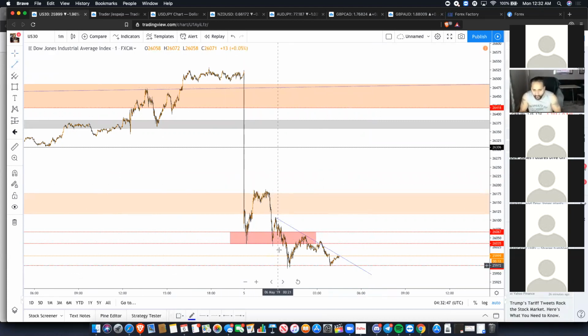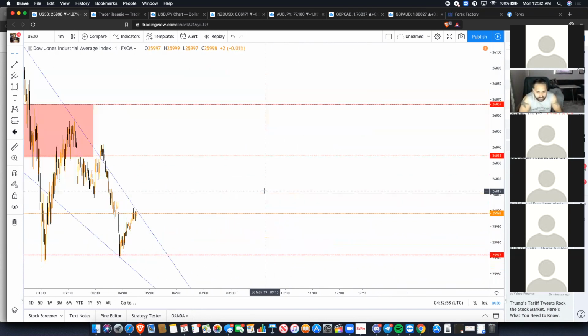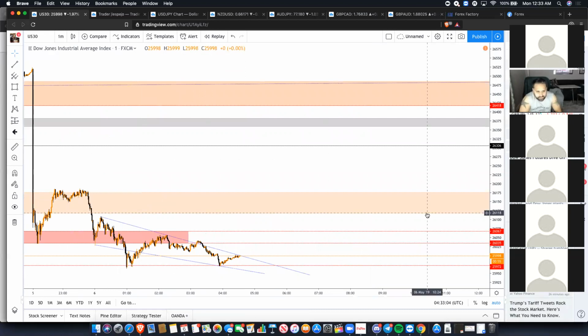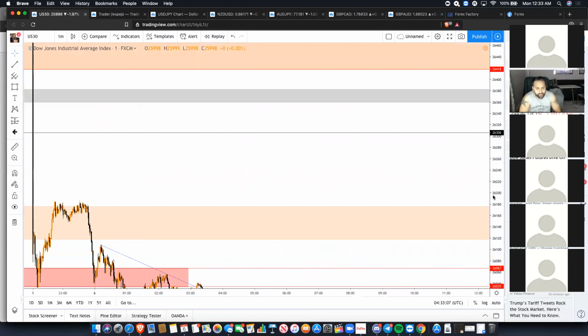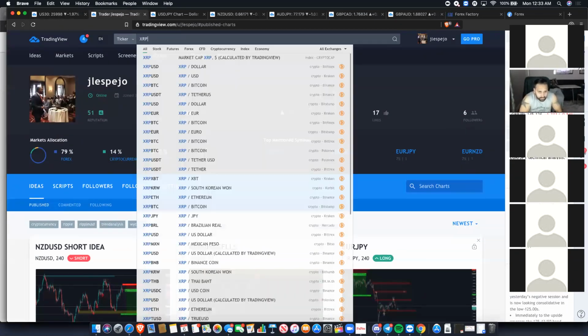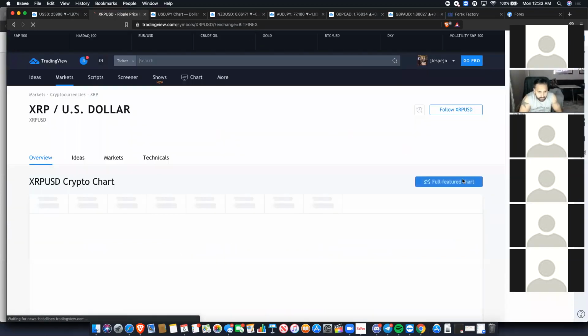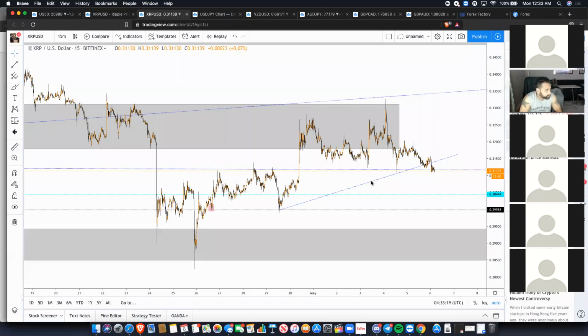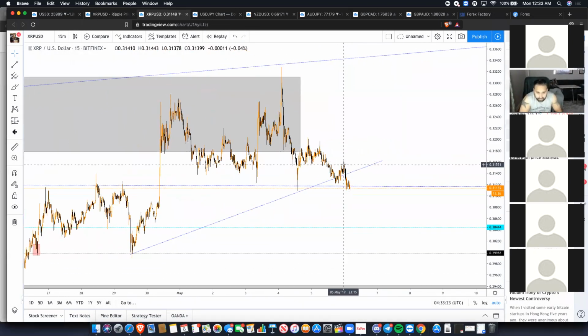We need her to break this price here if she wants to go up. Can you see this inverted? Yeah. She's respecting it like a mother. I'm gonna look at XRP too. Oh, she broke it. She broke it. Now we need to see it break.